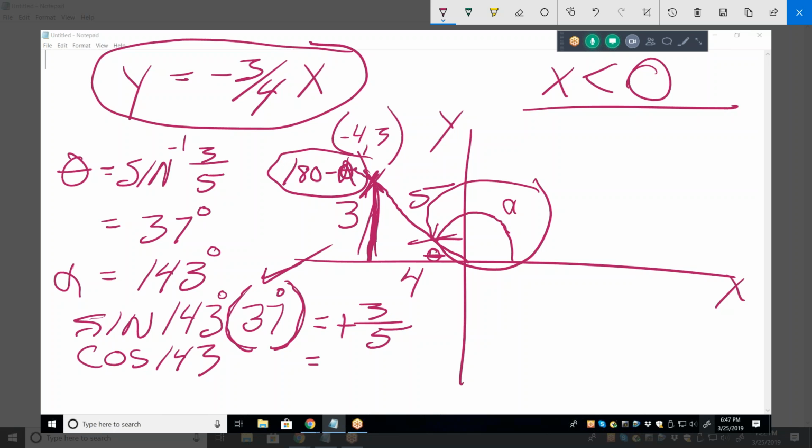Yeah, I think so. Yeah, not theta. Because otherwise they wouldn't have given you this information here. So what's the cosine of 143? Same as the cosine of what in parentheses? 37.